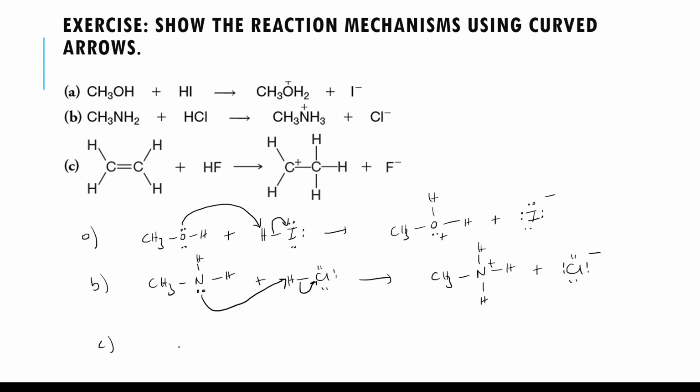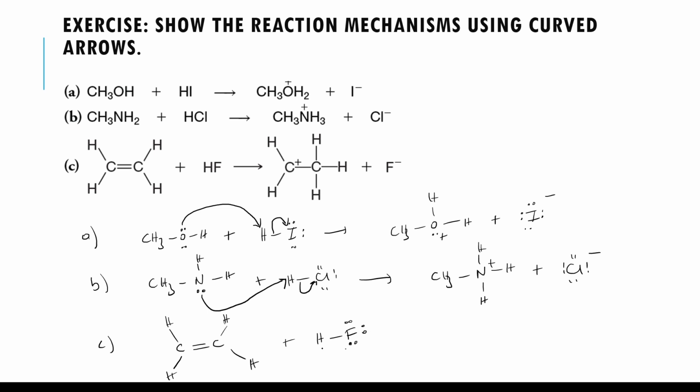So we have the carbon-carbon pi bond, and let's write hydrogen fluoride. We have to show the lone pairs of the fluorine.